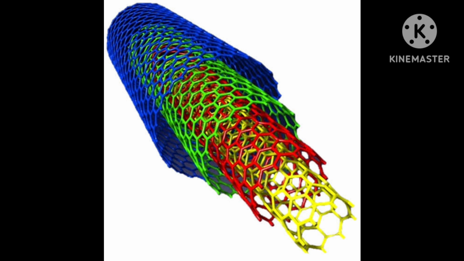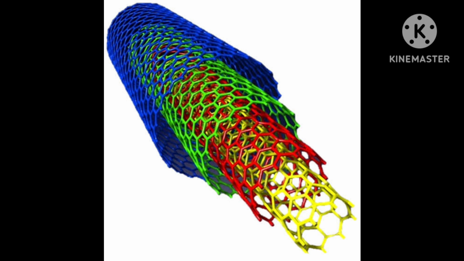Zero dimension means no length, no breadth, no height, just one point. That is called zero dimensional. And second is one dimensional. One dimension means only length, one line like that.